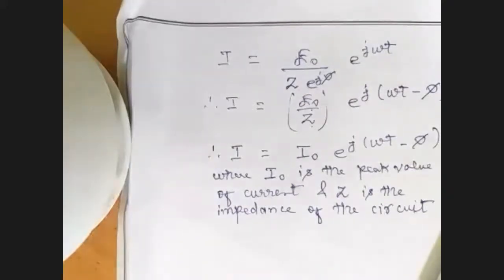But here we have the value of phi, which can be positive as well as negative. When phi is positive, current will lag behind the voltage in the circuit. Whenever the value of phi is negative, current will lead the voltage in the circuit.